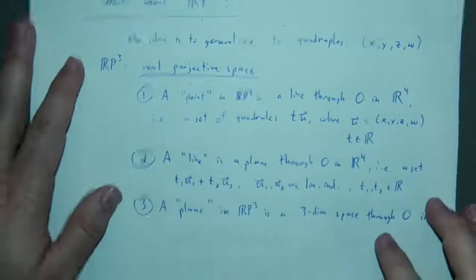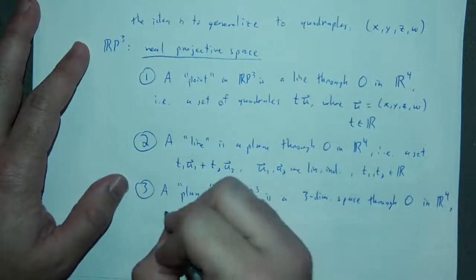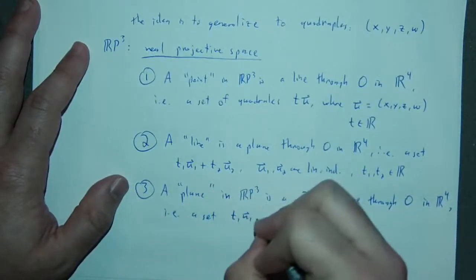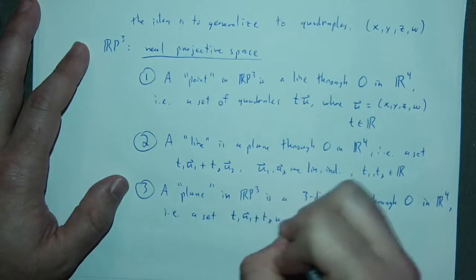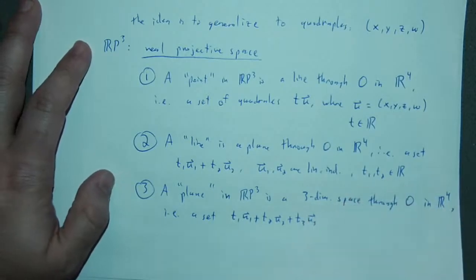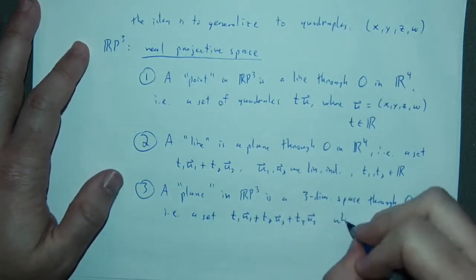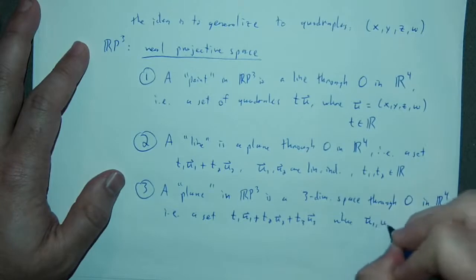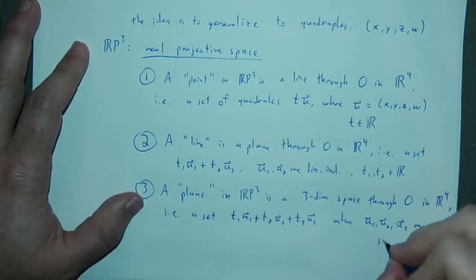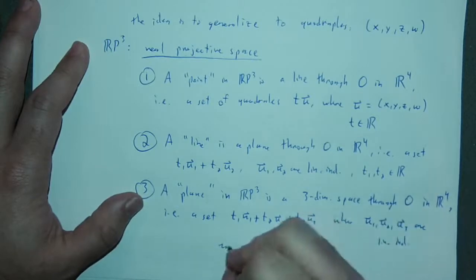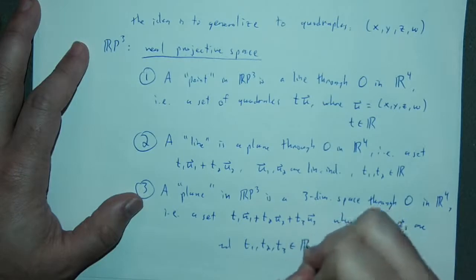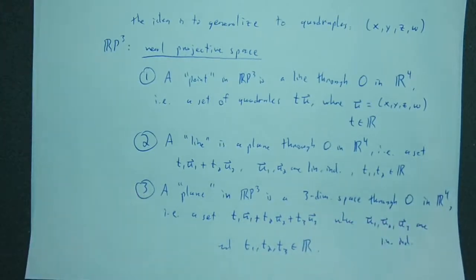That is, a set t1 u1 plus t2 u2 plus t3 u3, where u1, u2, and u3 are linearly independent, and t1, t2, t3 run through all the reals.